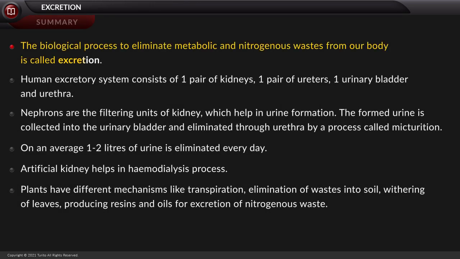The biological process to eliminate metabolic and nitrogenous waste from our body is called excretion. The human excretory system consists of one pair of kidneys, one pair of ureters, one urinary bladder and urethra. Nephrons are the filtering units of the kidney which help in urine formation. The formed urine is collected into the urinary bladder and eliminated through the urethra by a process called micturition.